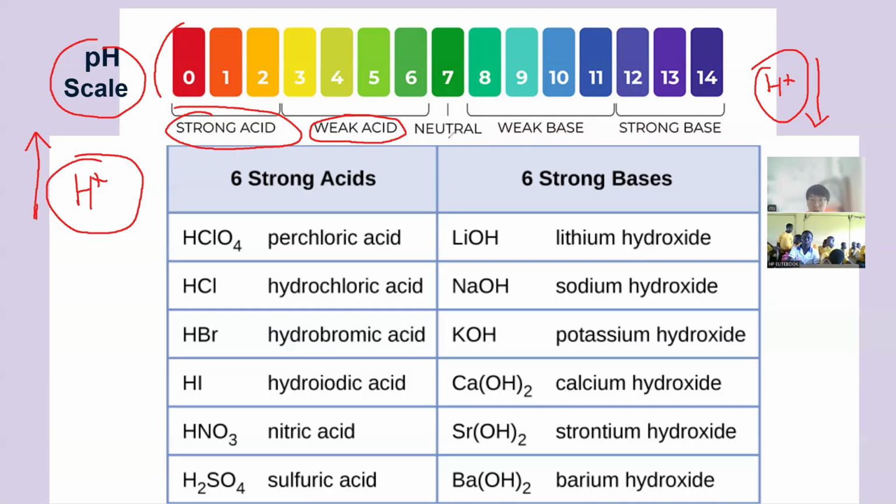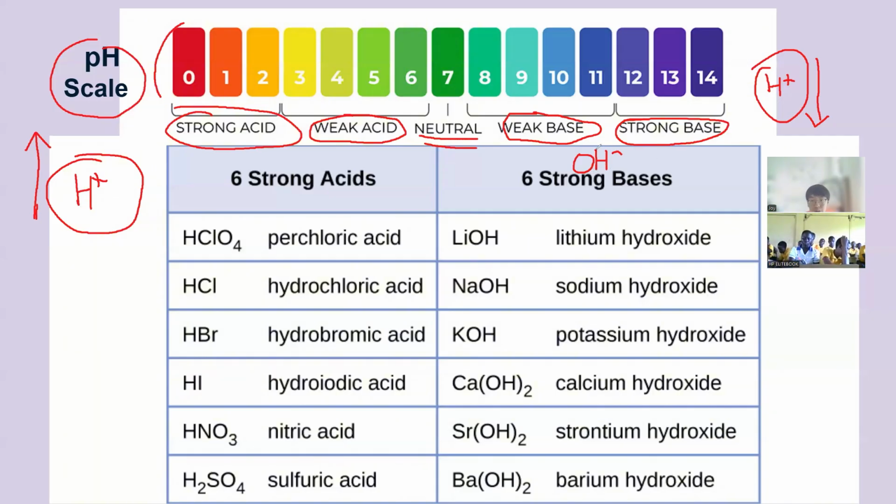And then on the right, after neutral, well, examples like water and salt water, all of those are neutral. But on the right, there are weak bases and strong bases. So remember, weak bases partially dissociate into hydroxide. And what does hydroxide do?